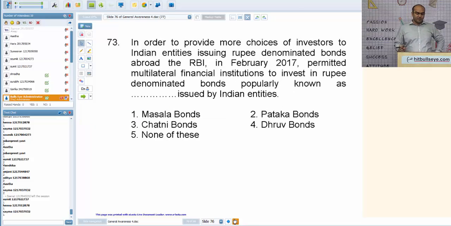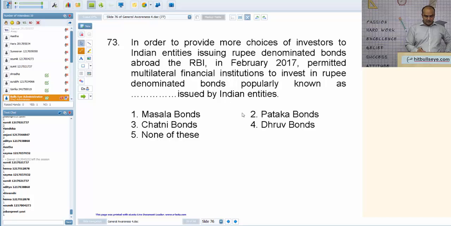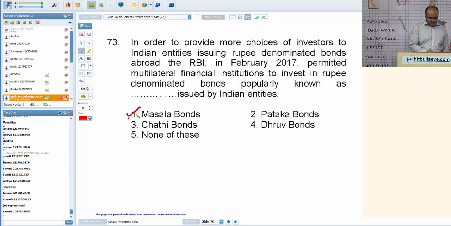Next, in order to provide more choices to investors for Indian entities issuing rupee-denominated bonds abroad, the RBI in Feb 2017 permitted multilateral financial institutes to invest in rupee-denominated bonds, popularly known as what, issued by Indian entities. So what are these bonds called? These bonds are known as masala bonds.